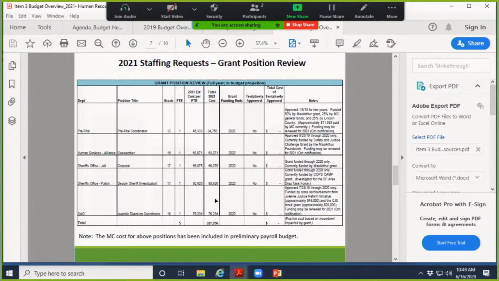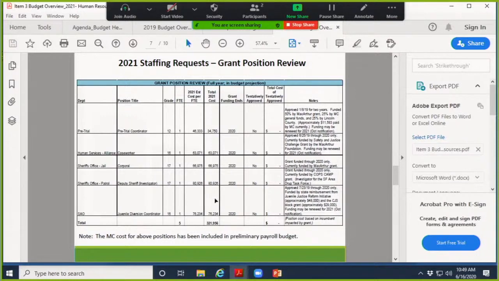We did have some conversations after the presentation today, and the folks felt comfortable that that was a reasonable approach to take, particularly if we do accept responsibility for the corporal position in the jail.